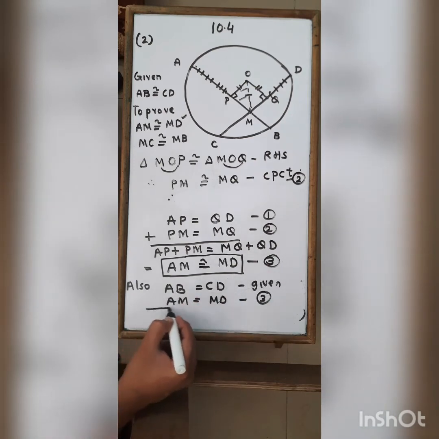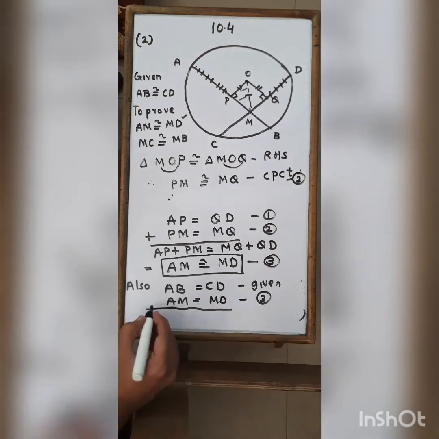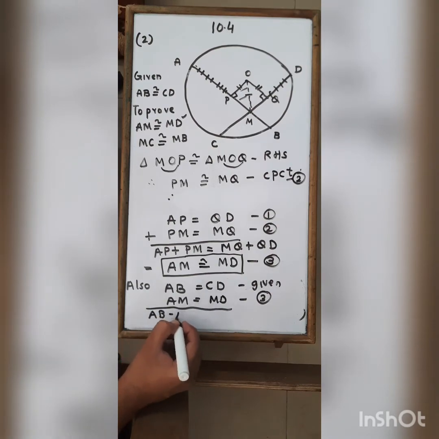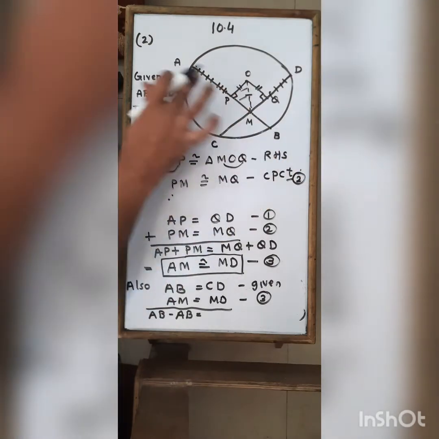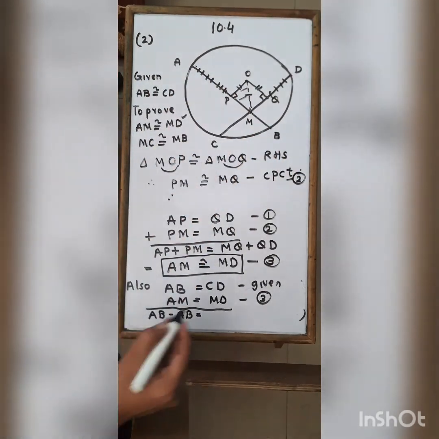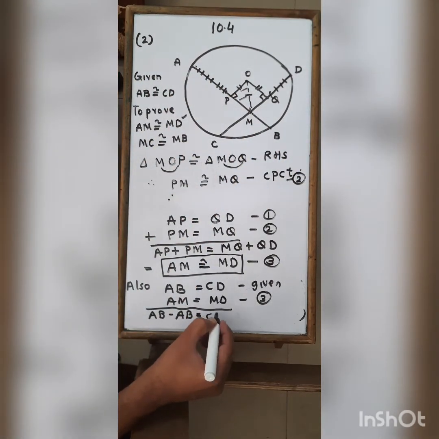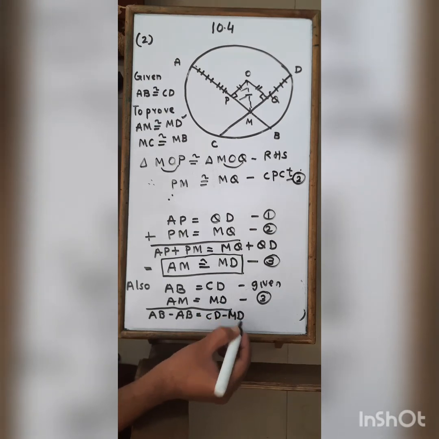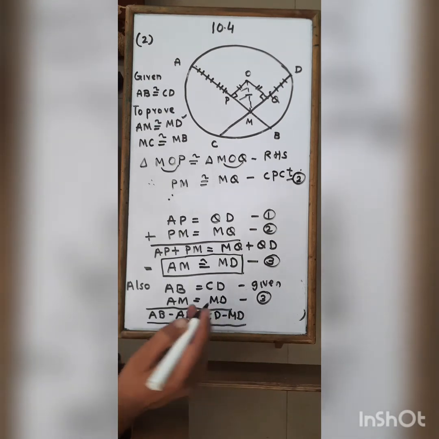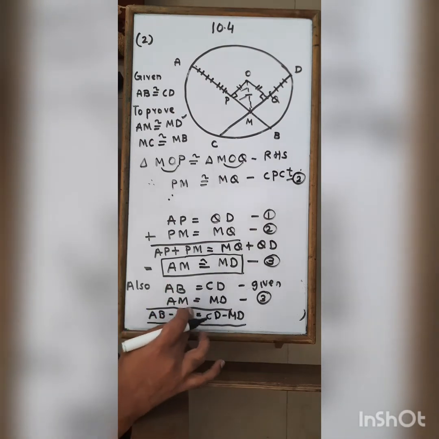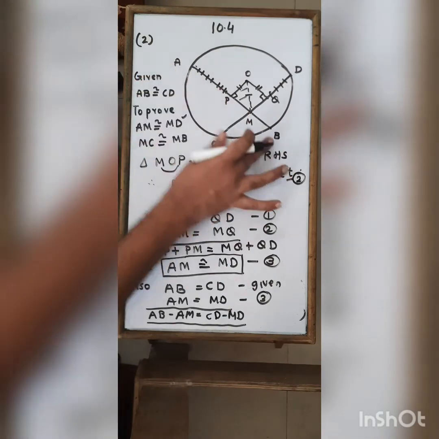So if I subtract both of them, what do I get? AB minus AM is equal to CD minus MD. Right? Now what is AB minus AM?